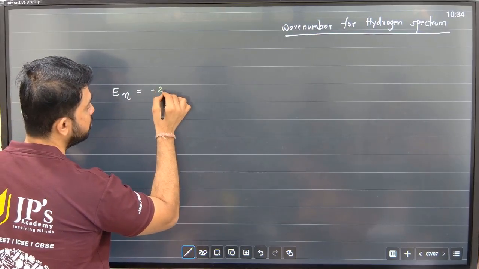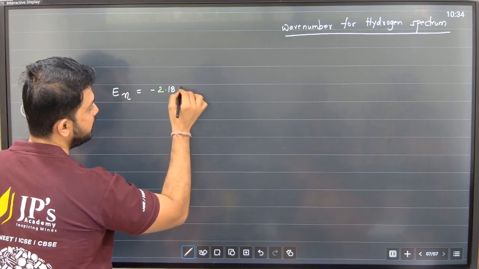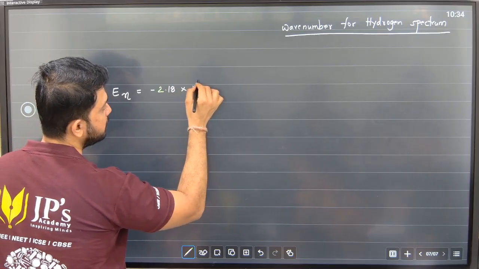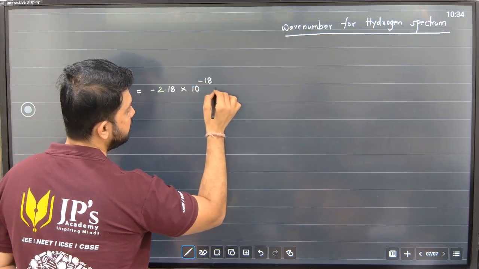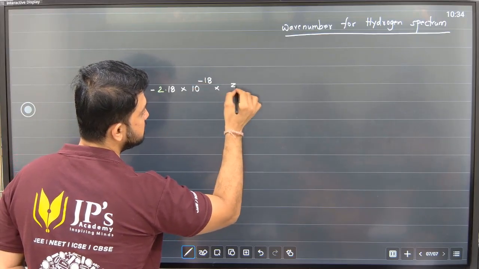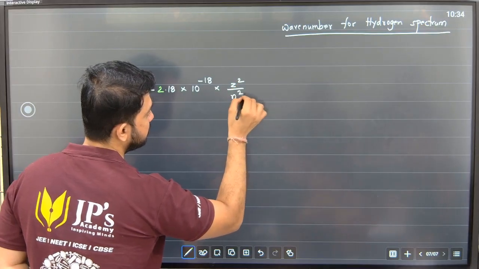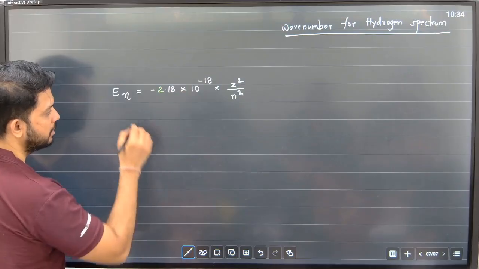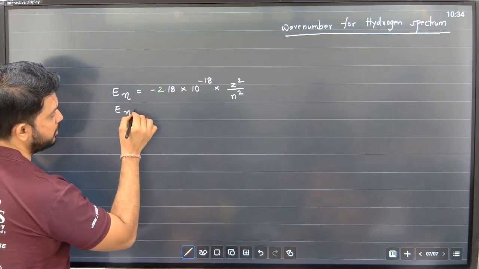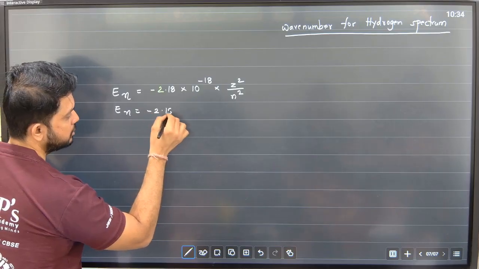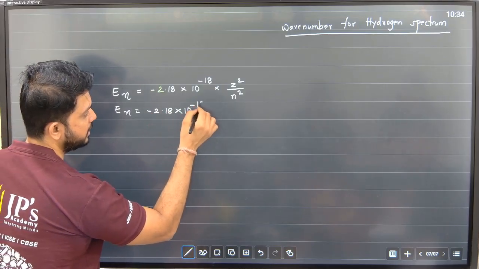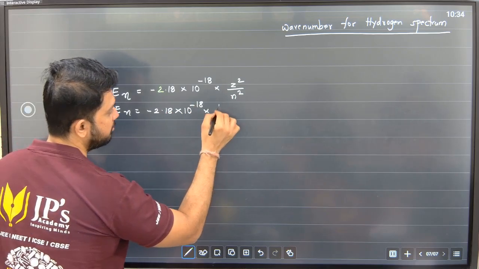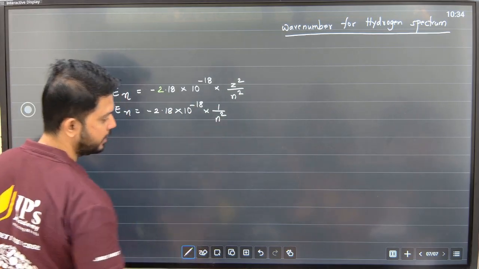Minus 2.18 into 10 raised to minus 18 into Z square over n square. This is hydrogen atom, so what will be the value of Z, people? So energy in the nth orbit is minus 2.18 into 10 raised to minus 18 into 1 upon n square.